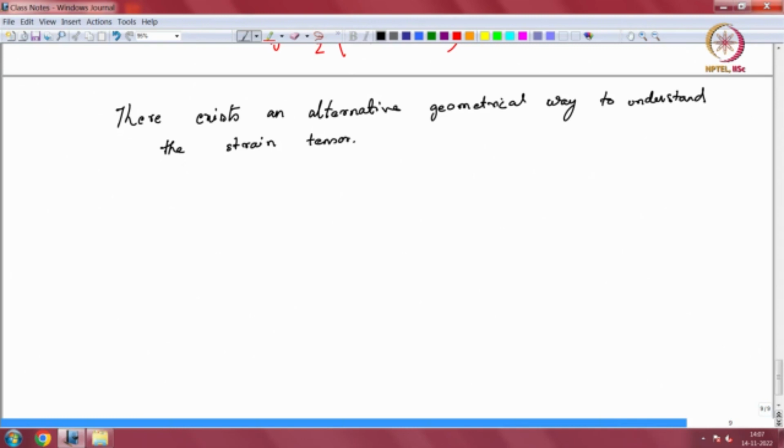Now in this geometrical way, what we do is, let's say we have an undeformed state. Now this state is going to undergo some deformation, okay. So this is your undeformed state, or rather basically your reference configuration in a sense.